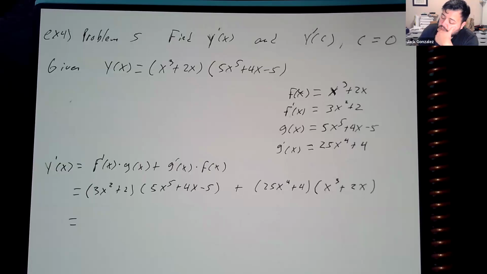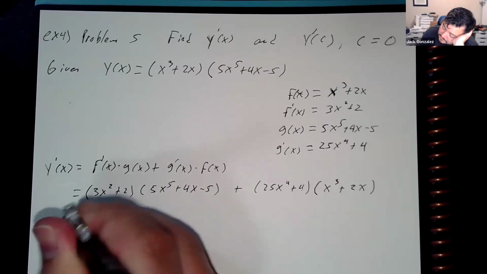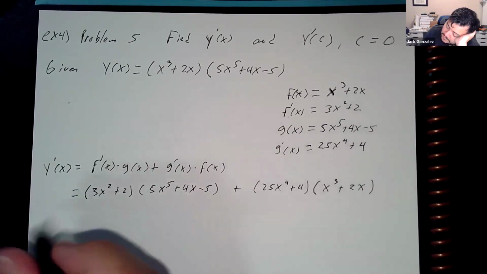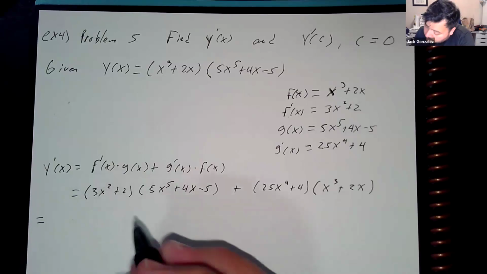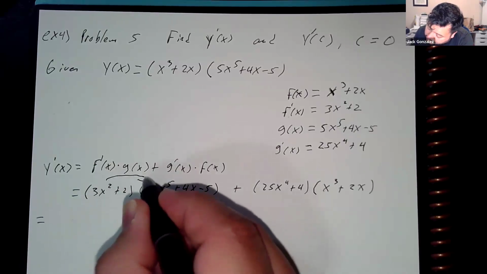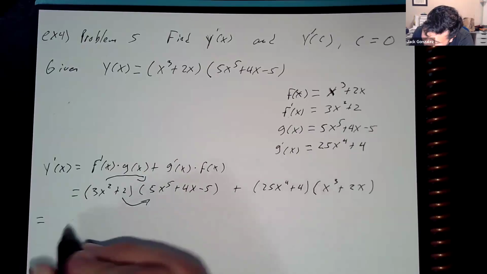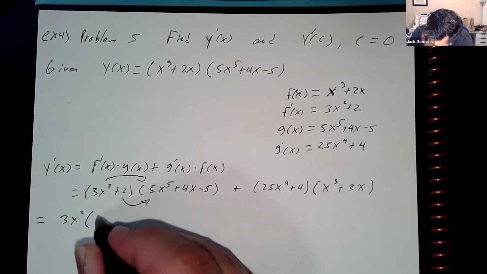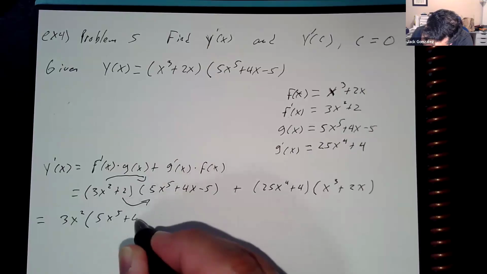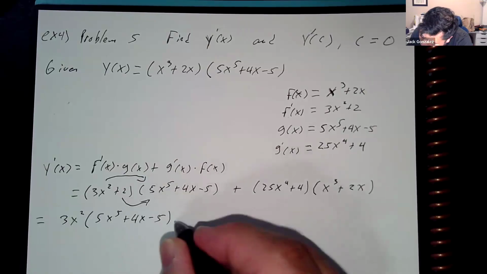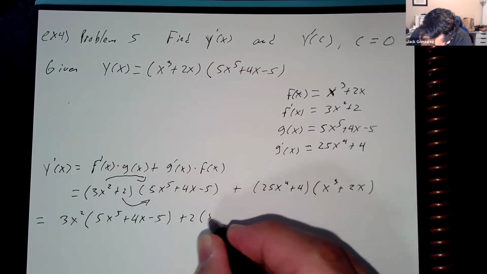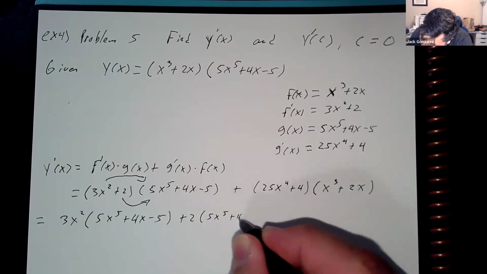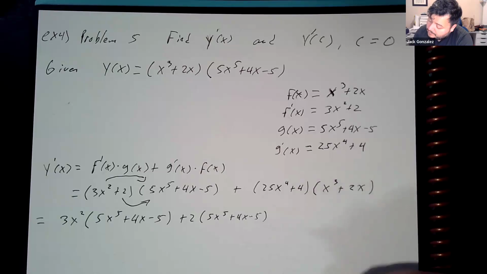Okay, so we have to do multiplication. Make some space. So 3x squared times all this, 2 times all that. That'd be 3x squared times 5x to the fifth plus 4x minus 5 plus 2 times 5x to the fifth plus 4x minus 5.